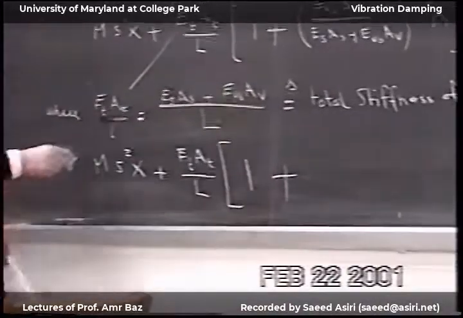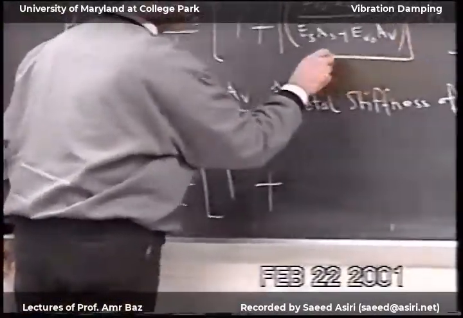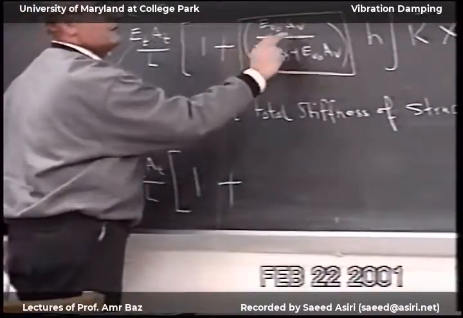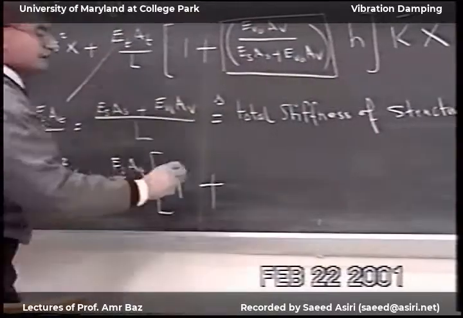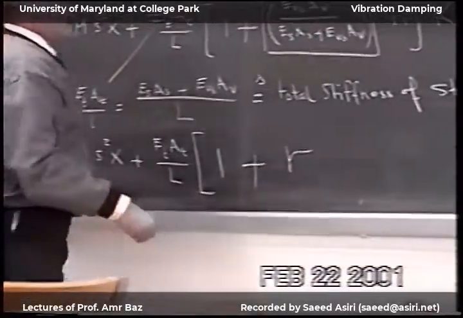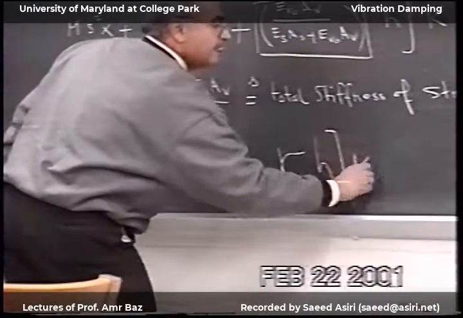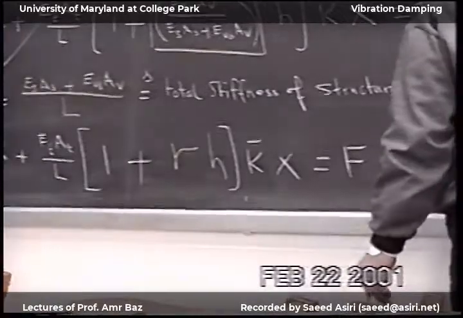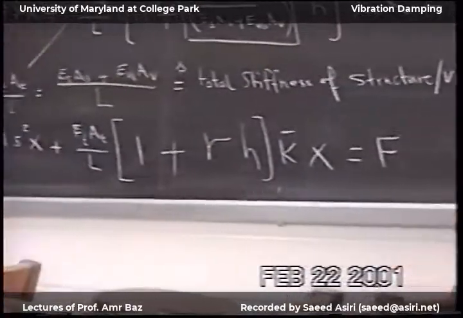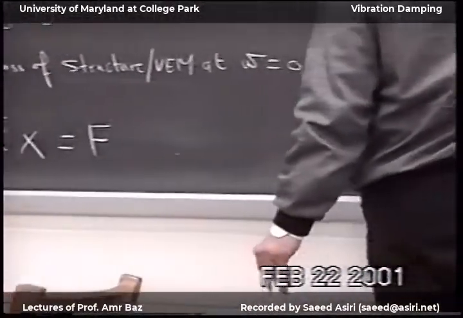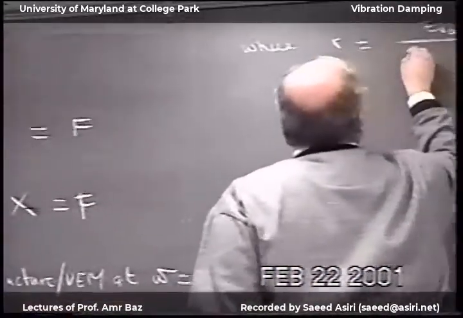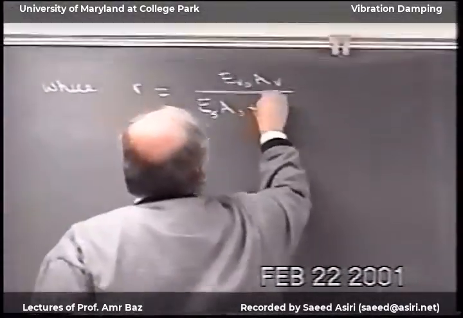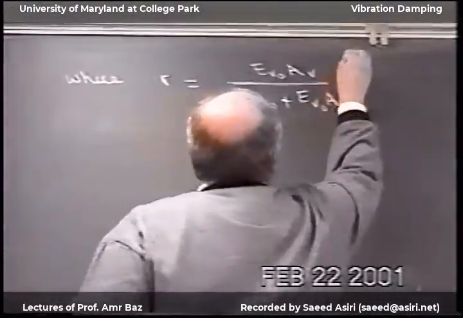And then I'm going to call this ratio between longitudinal rigidity of the viscoelastic to the total, ratio R, H K prime X equal to F. And here R is E viscoelastic A viscoelastic over E structure A structure.